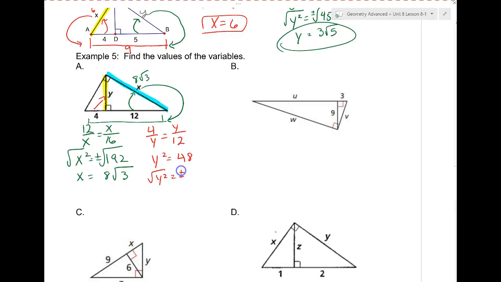Take the square root of that. Y is going to be, what does it simplify down to? Does 16 come out of 48, guys? So shouldn't that be 4 root 3? Those are your two answers. All right, what do you guys think? Is this doable?